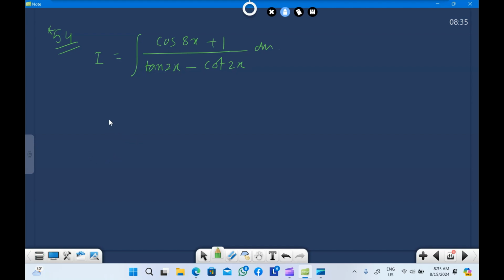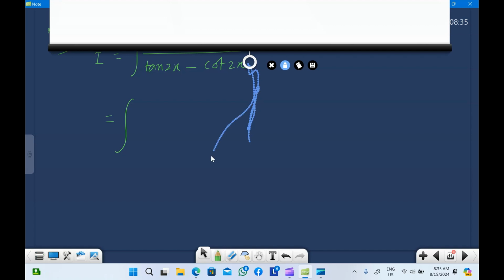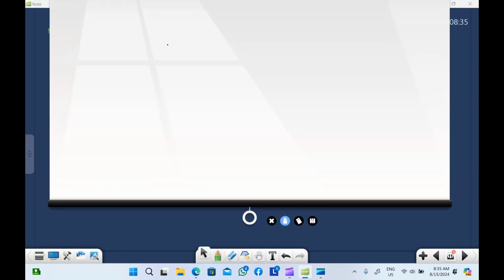So in the solution of this problem, you see this is a formula, so I can write what the formula is. You see the formula first. The formula is 1 plus cos 2x is equal to 2 times cos square x, and 1 minus cos 2x is equal to 2 times sine square x.